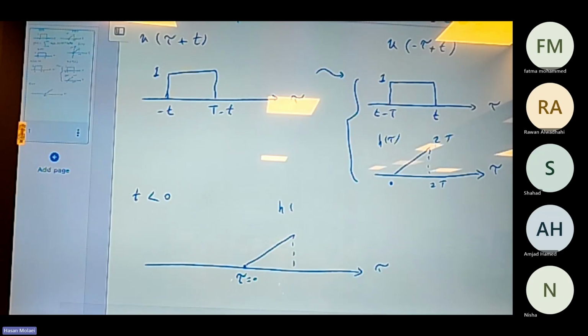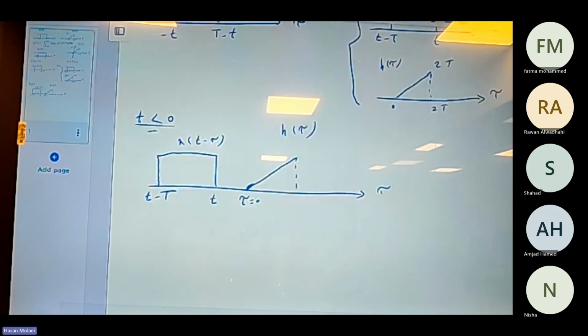It should be h tau, should be t. They don't have any overlap. If t is smaller than 0, there is no overlap. If you multiply them together, y(t) should be how much? 0.